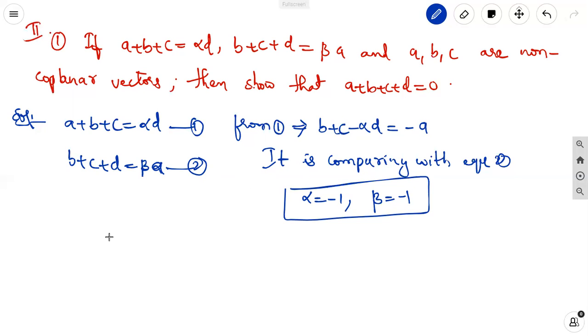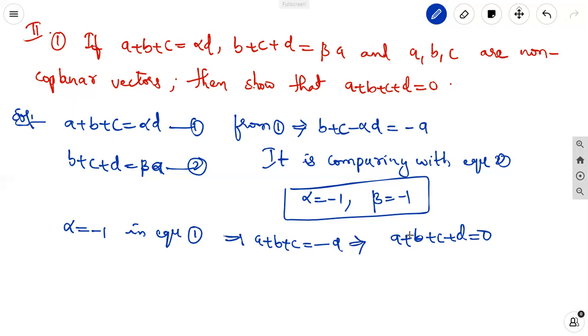So from this, we can substitute alpha equal to minus 1 in equation 1. Then a plus b plus c is equal to minus d. From this, we get a plus b plus c plus d is equal to 0. So the relation is satisfied when those are non-coplanar. If beta is equal to minus 1, substitute in equation 2, then b plus c plus d is equal to minus a.